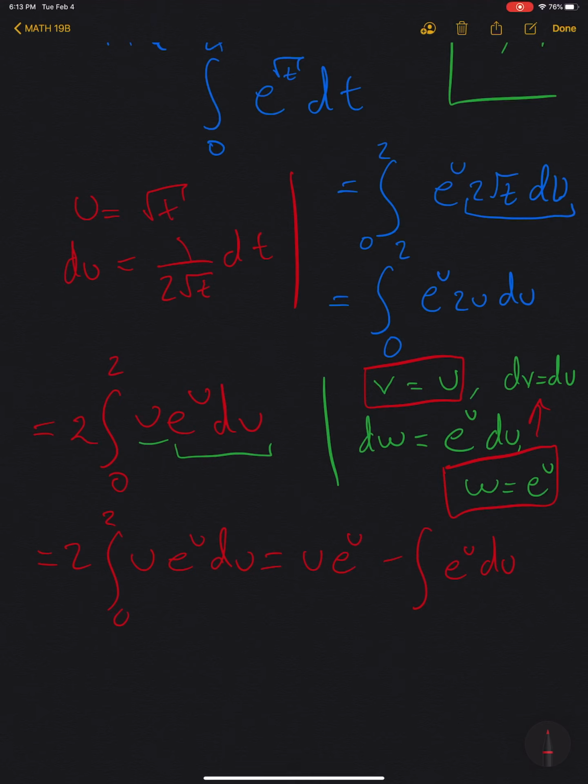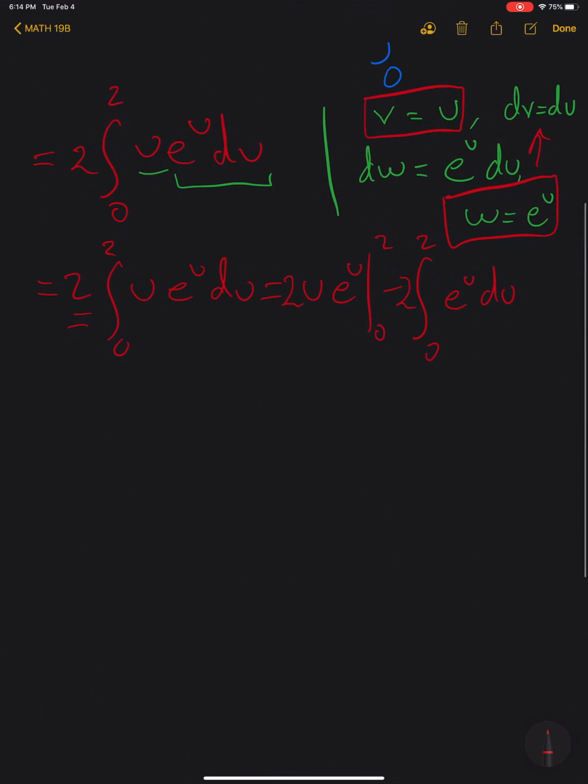And notice that I have this evaluated between 0 and 2, and that we have an overall factor of 2 in front of everything. So I'll just copy that factor in front of everybody. And this is actually something that I can compute, because this becomes 2 times u e to the u between 0 and 2 minus 2 e to the u between 0 and 2.